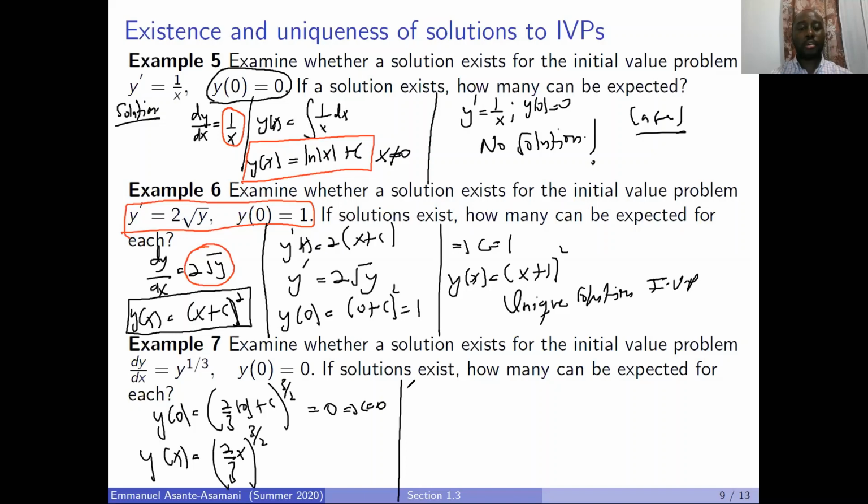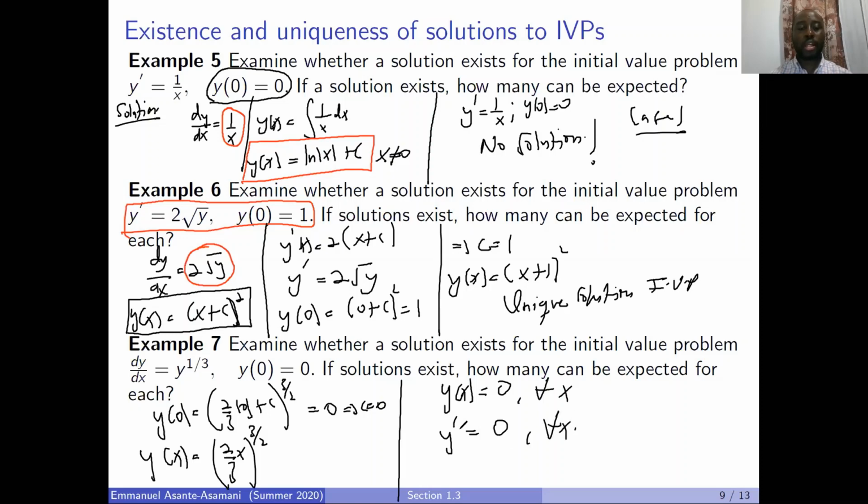Okay. Now there's a surprise. Consider the function y of x that is always 0, so it's 0 for all x. Now notice that the derivative of that function is also 0 for all x.